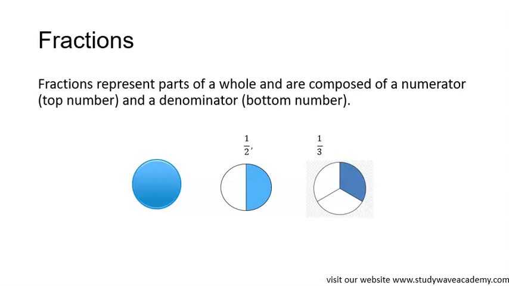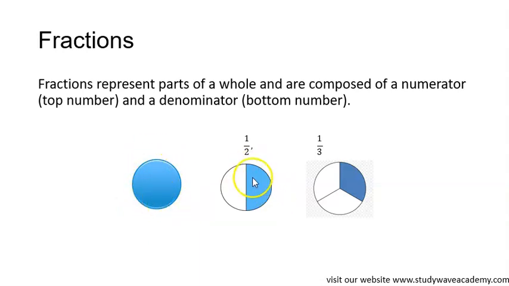Fractions represent parts of a whole and are composed of a numerator and a denominator. The numerator is the top number and the denominator is the bottom number. Do you understand that? Fractions represent parts of a whole. Let's say this is a circle and it's a whole object, okay?